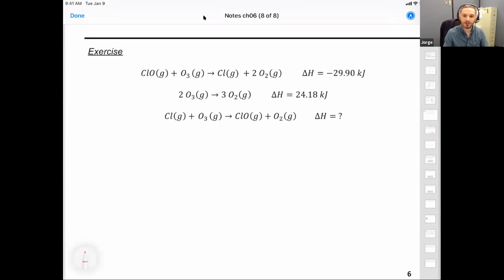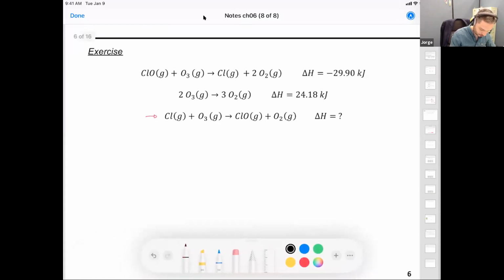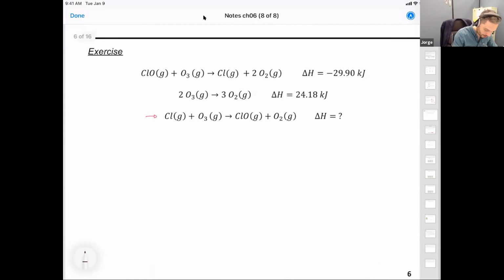So these two reactions, the delta H can be easily measured. And what we are looking for here is the delta H for the third reaction. So let me rewrite the equations that we know the delta H here.